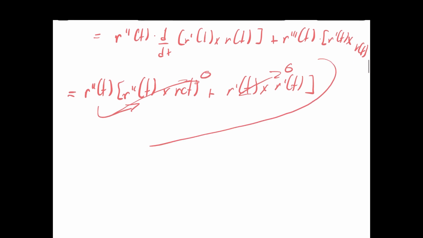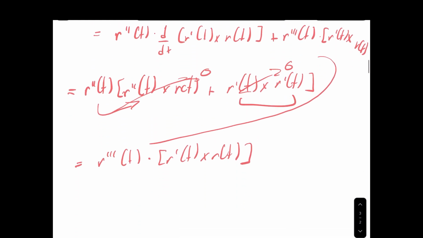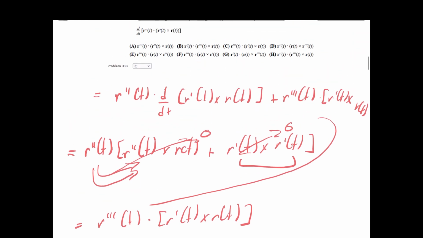And so we're just left with r triple prime at t times r prime at t cross r at t. Cool. And they're going to be 0 because you're crossing the same vector with itself, and then when you multiply this here, you're also going to be crossing the same vector with itself. Okay, cool. And that was C, which you can see is right here.